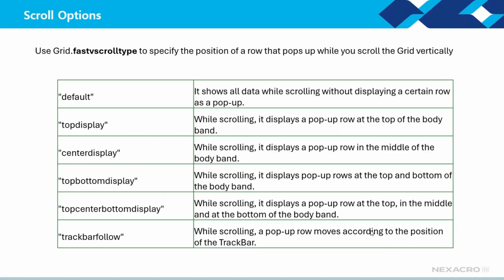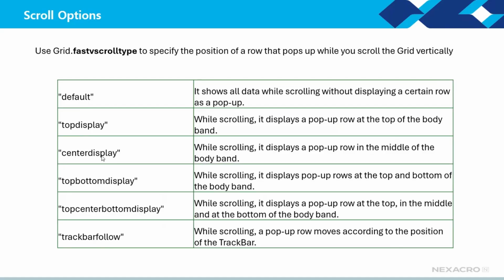You can set the scroll option by setting the property fast vs scroll type of the grid. So the values can be default, which will not highlight any row. Top display, which will add a row at the top of the grid.